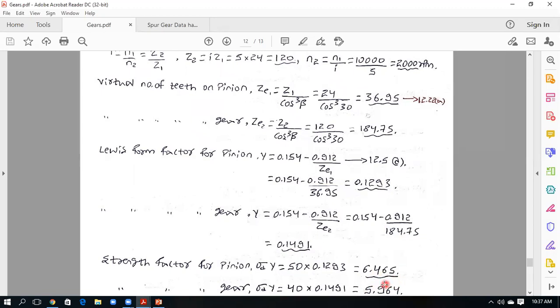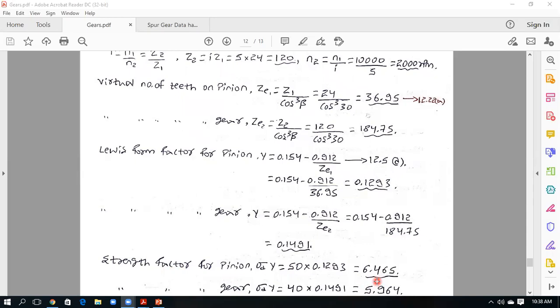Now looking at this, can anyone tell me which is stronger and which is weaker? Gear is weaker. Which is stronger? Pinion. Yes, good. Vaibhav, from the strength factor of the pinion and gear, can you identify which member is weaker?